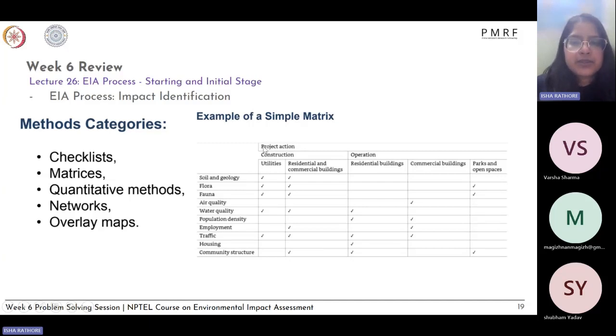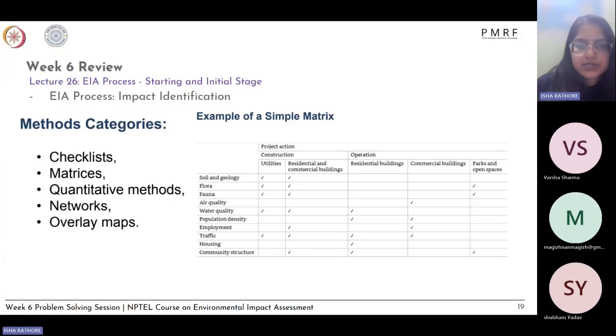If the project has multiple buildings, you can have utilities, residential, commercial buildings, and all of those things. And whether any action or development is going to have an impact on soil, all of these things, you can do a quick, simple matrix kind of study to identify which parameters are going to have any sort of environmental impact.